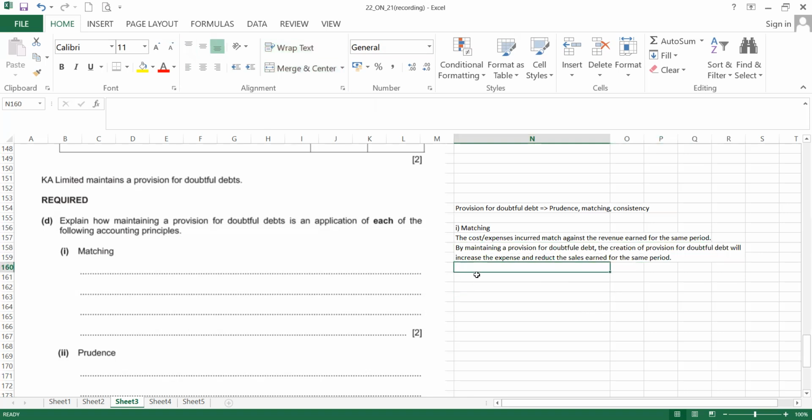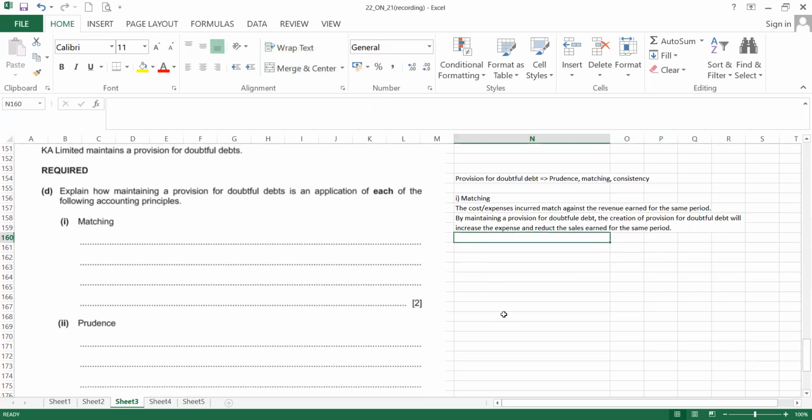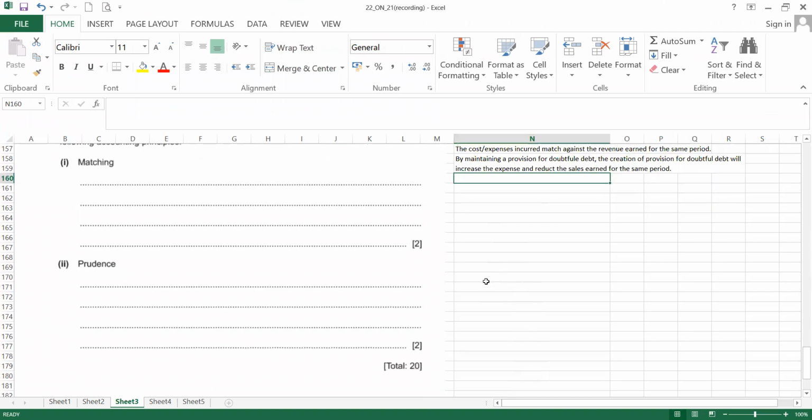Okay, so this is the answer that we can give because it's only 2 marks, don't need to write too long a story. Okay, prudence.